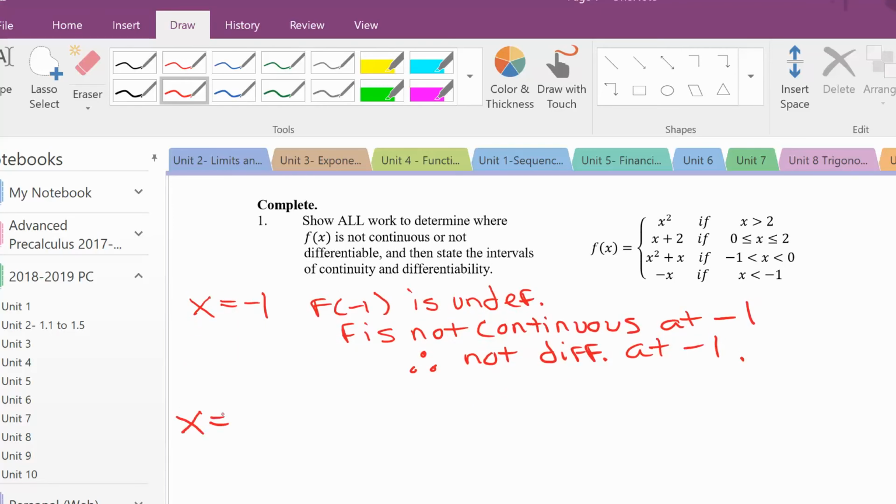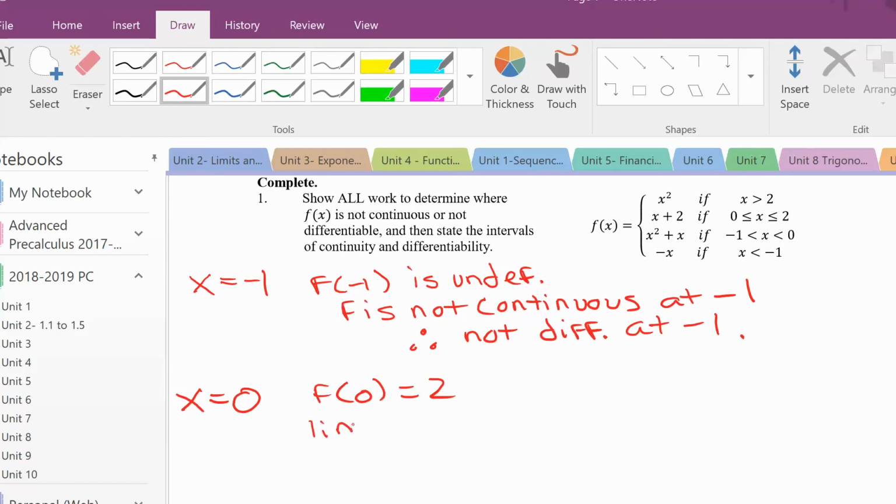So next changing point will go to 0. Well, f of 0 is equal to 2. The limit as x approaches 0 from the left is right here, so it's x squared plus x, which means it's equal to 0. The limit as x approaches 0 from the right would be x plus 2, which is equal to 2.